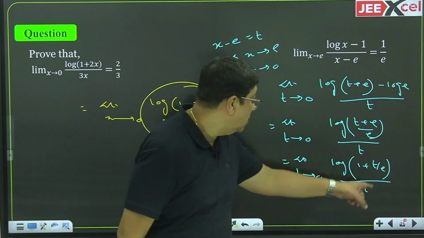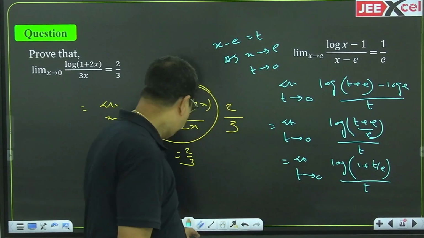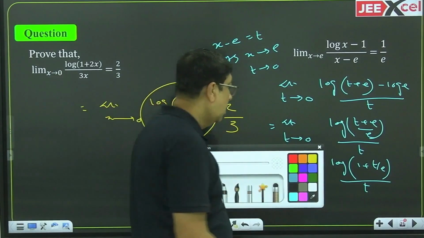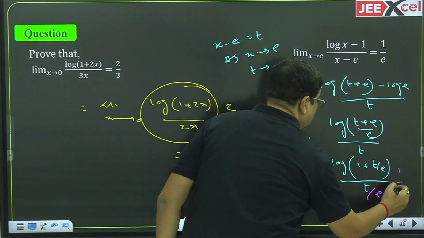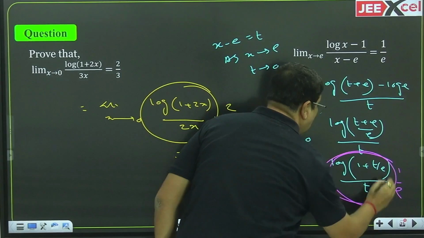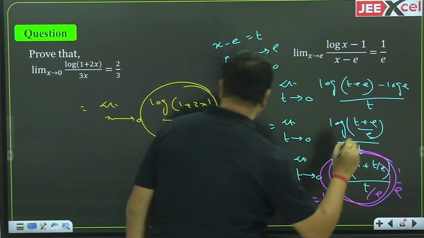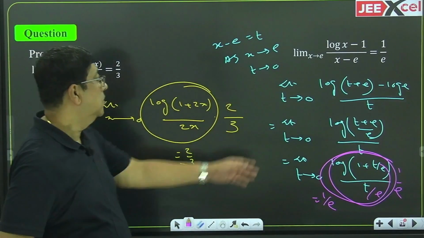Now this and this should be the same. So I can write 1 by e, balanced by e. So this becomes 1, and its answer is 1 by e.